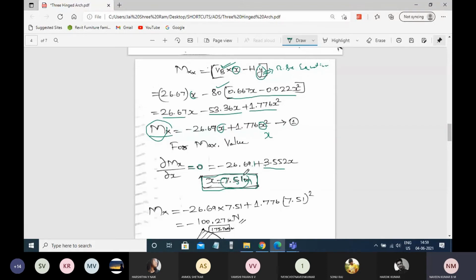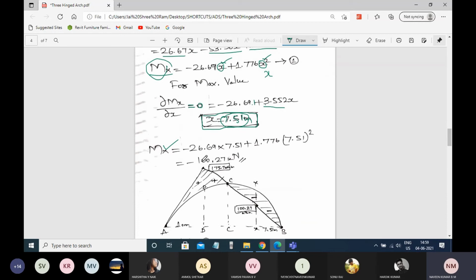Now you substitute this x value over here, then you can get the maximum moment in the CB segment. The maximum moment in the CB segment equals minus 100.27. So now we got the maximum moment in the AC segment as well as the CB segment.